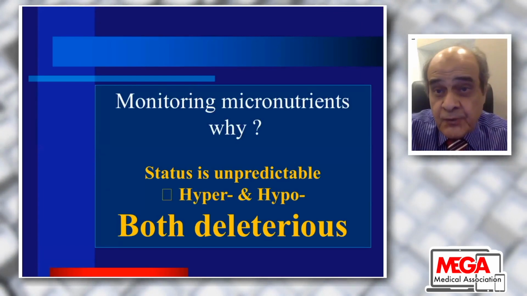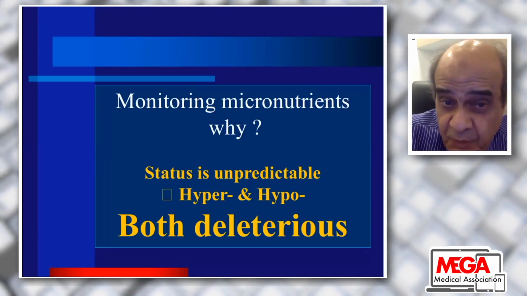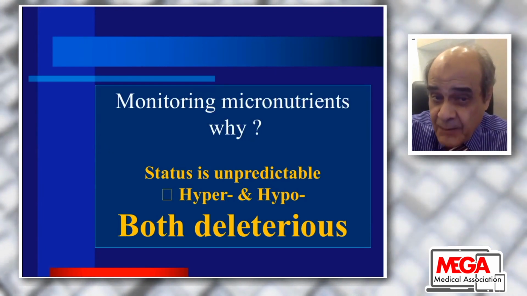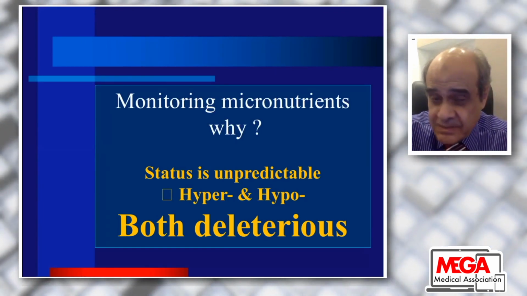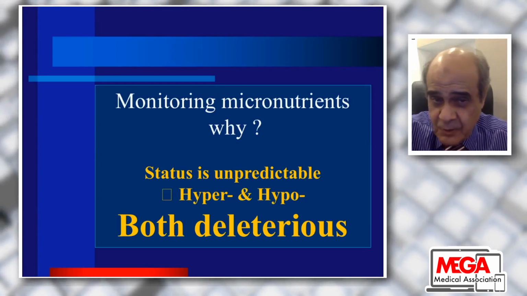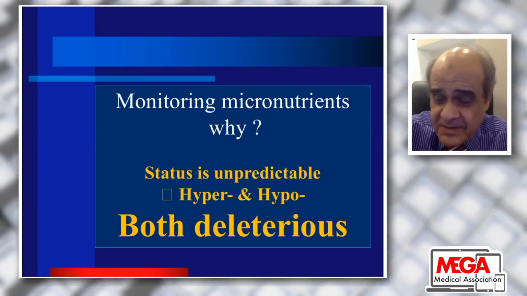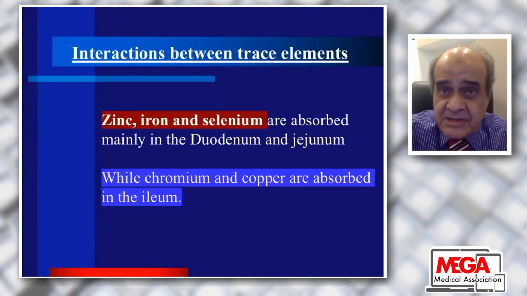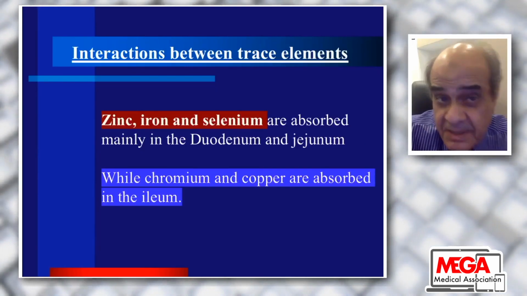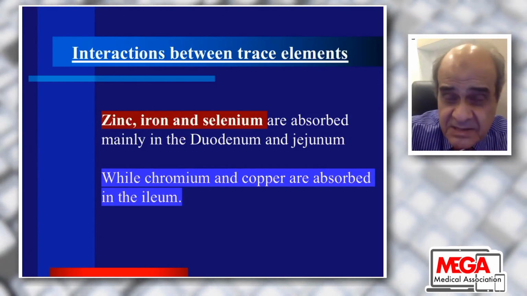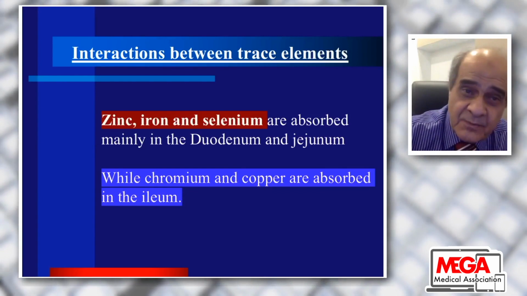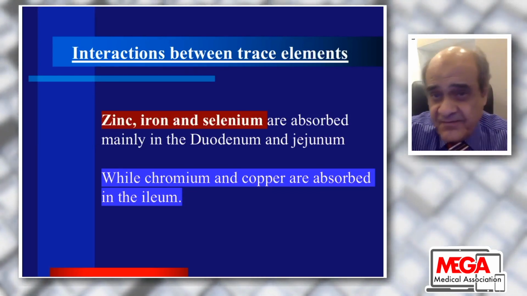Monitoring micronutrients, as I said, is very important because both hyper and hypo levels are deleterious to the patients. Either the low level or the higher level will be harmful for the patient. There are interactions between trace elements. You may support a patient with zinc or selenium, and you will face him suffering from copper deficiency and so on.